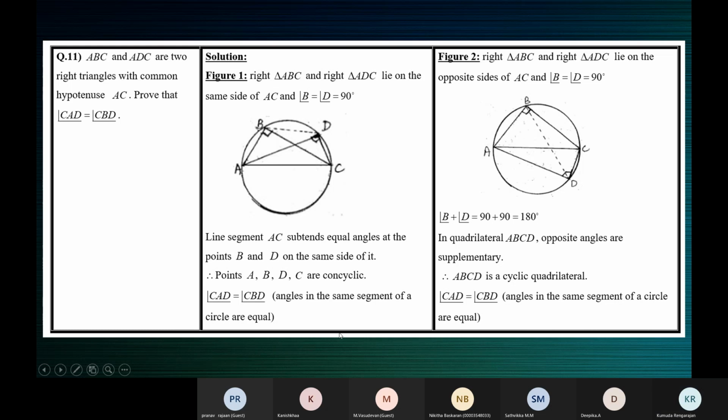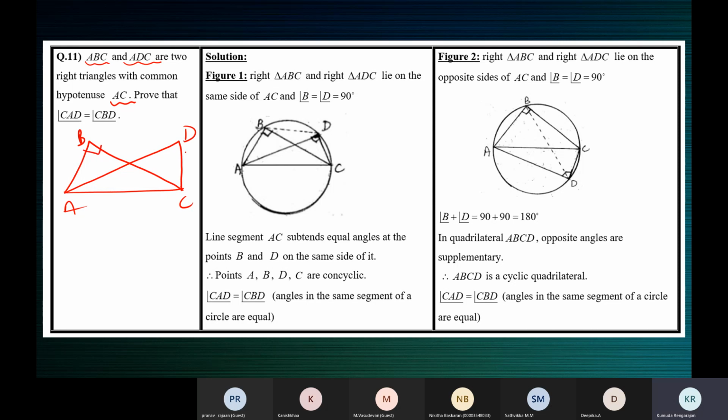Okay. All right. So we have two right triangles, ABC and ADC, with a common hypotenuse AC. So the figures can be like this. AC is the common hypotenuse. It can be like this, ABC and ADC.